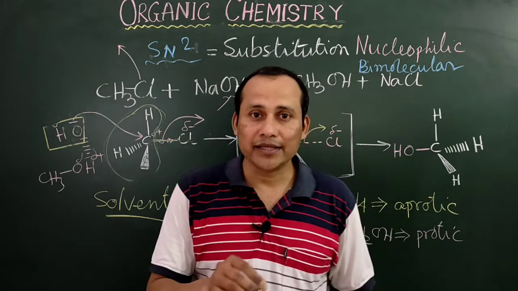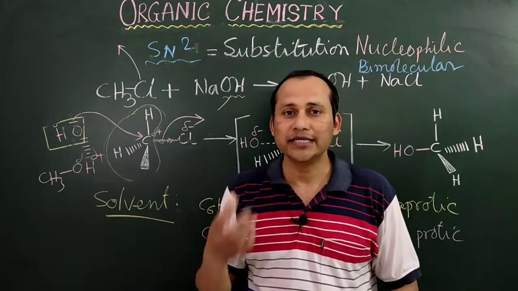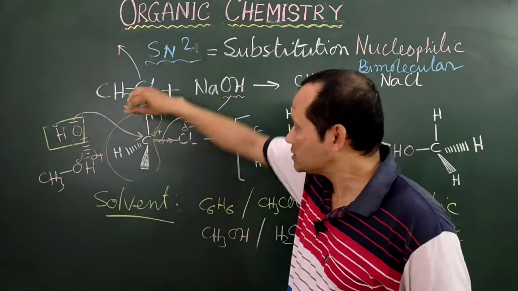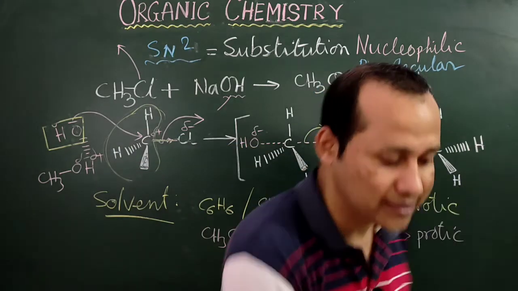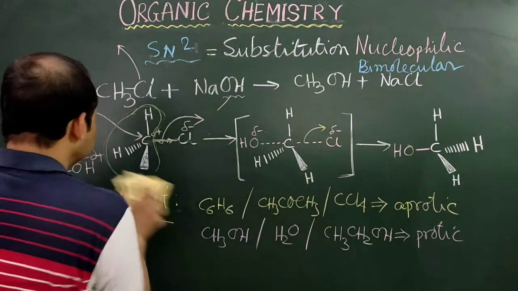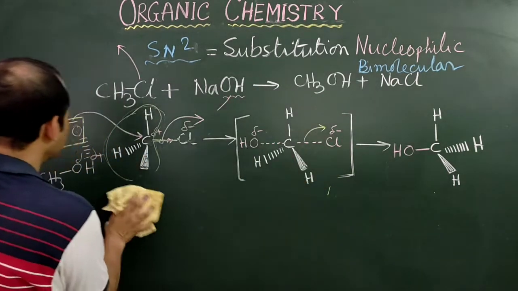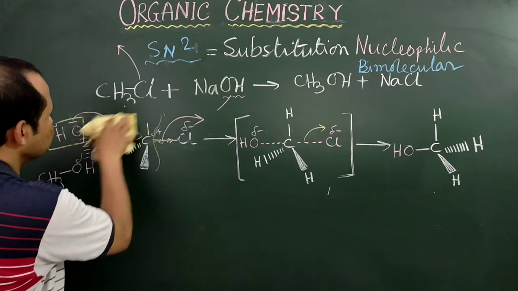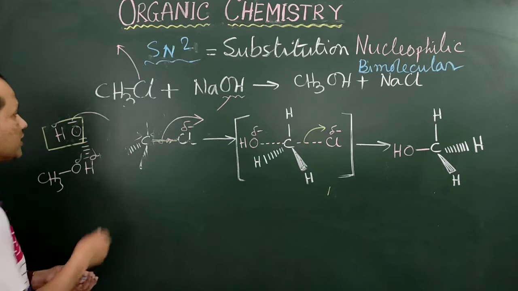Now come to another very important controller of this reaction, and this is the size of these groups. Now let us change this substance to make it clear. What will happen if we substitute these hydrogens with other groups?